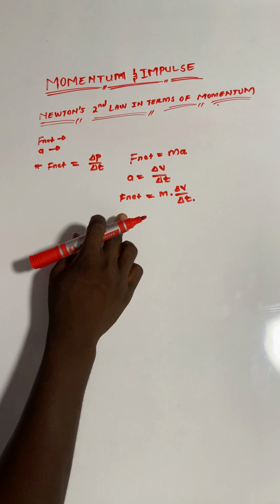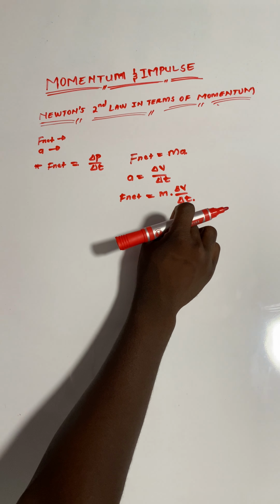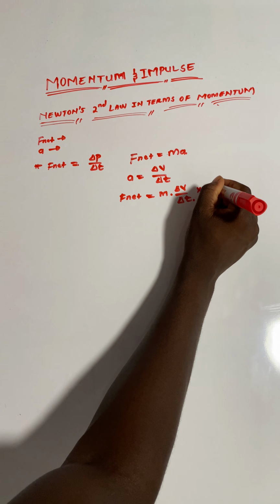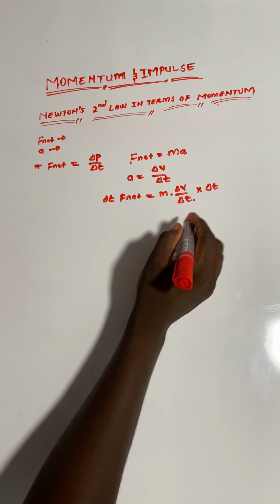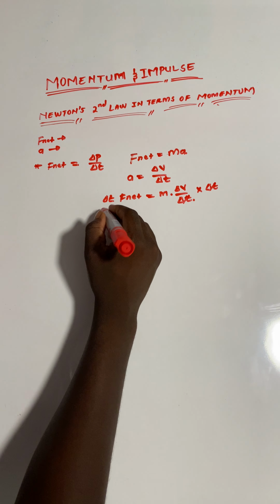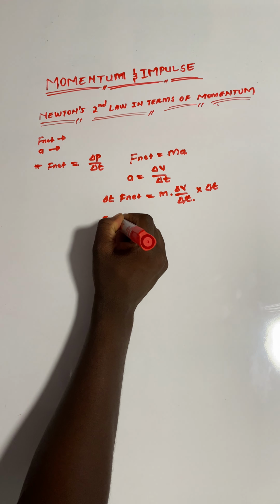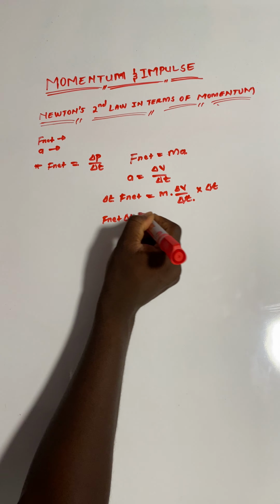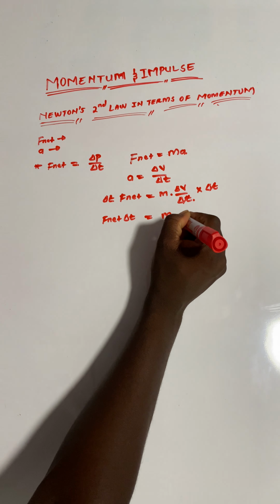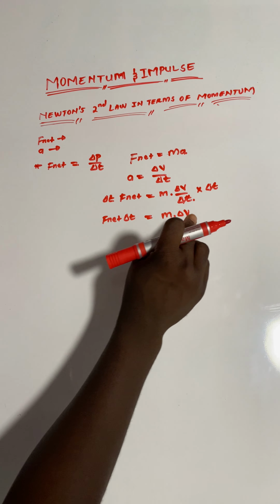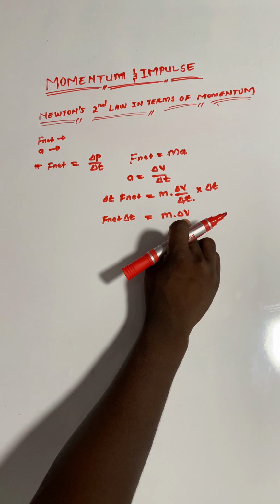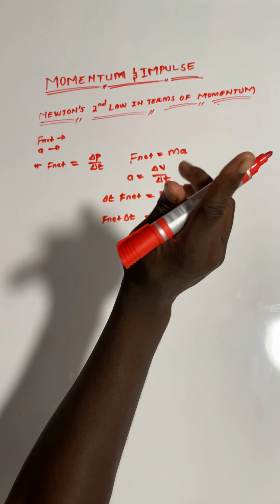Now let us remove time. We can remove time by multiplying both sides by the change in time, so this cancels out. We are left with F net times change in time is equal to mass times change in velocity. We remember that mass times velocity gives us momentum.